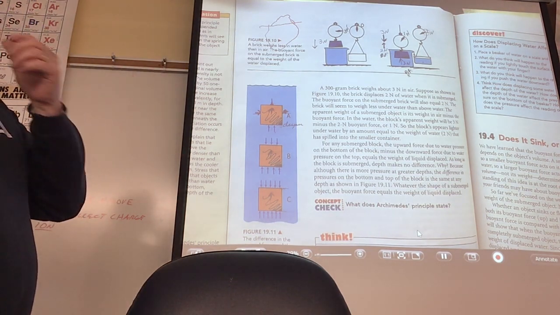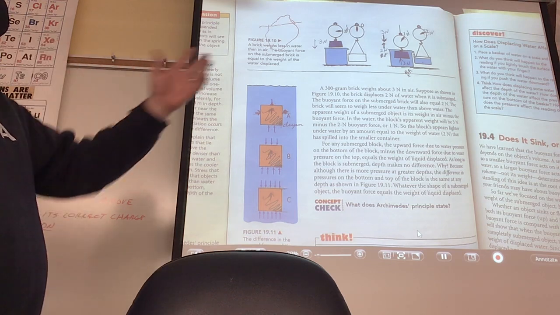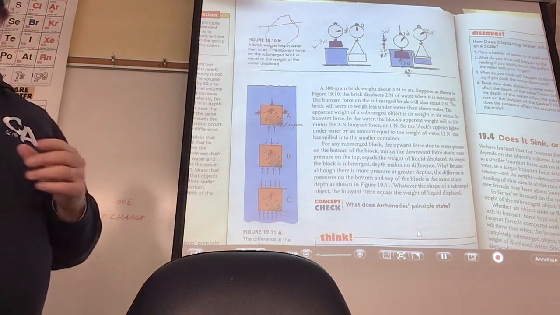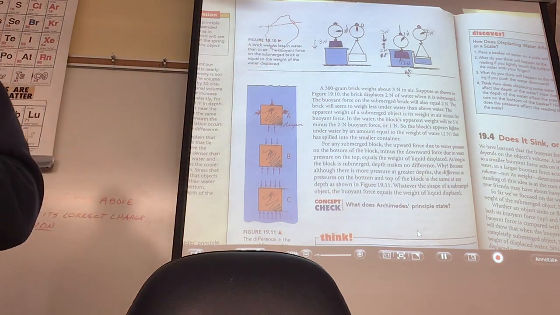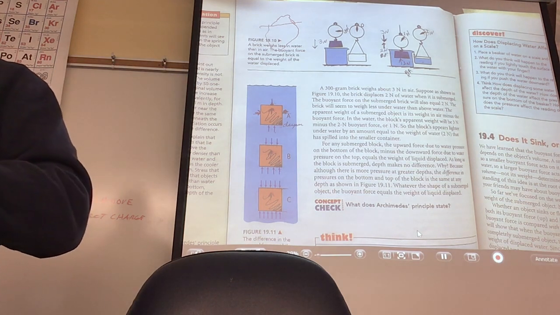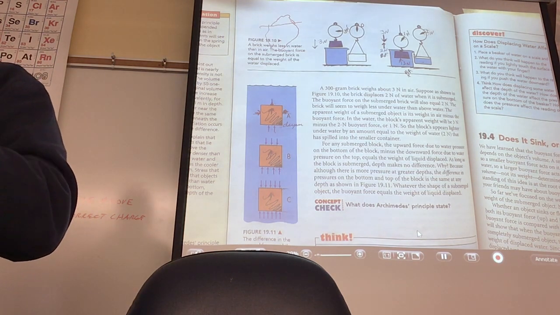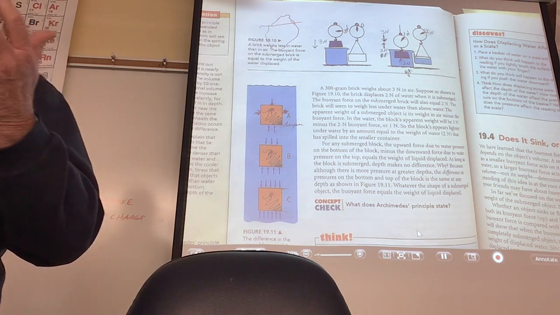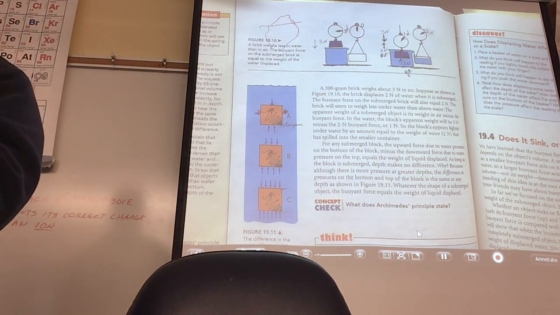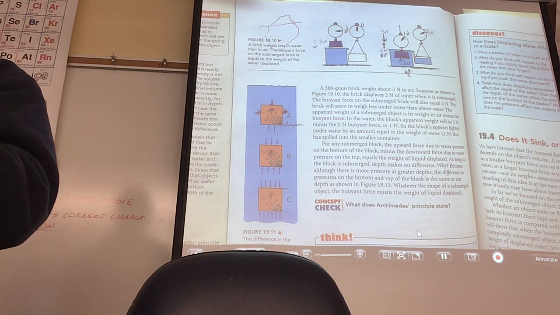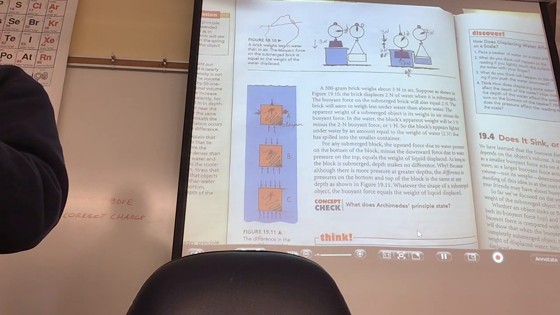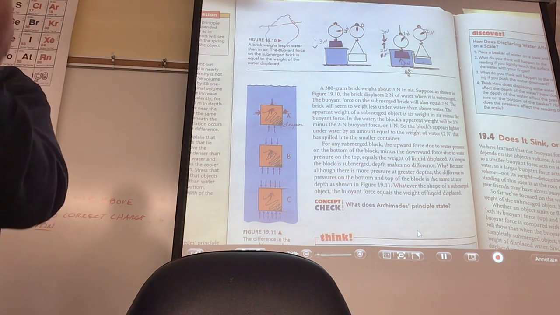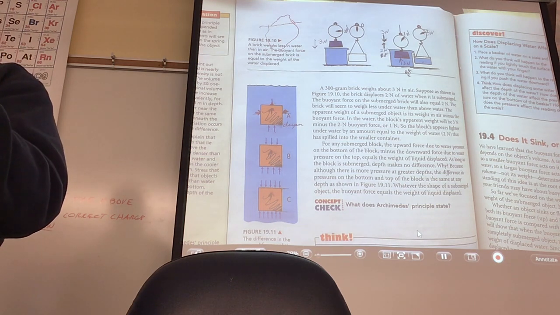Now, when I put it in the water, the spring scale says, no, I guess the object only weighs 1 newton. And you know that something's wrong there, don't you? That's called the apparent weight. It looks as if it only weighs 1 newton. But we know the Earth is still pulling down with 3 newtons. So why does it appear to weigh only 1 newton? And if you were in the water, it would feel like it only weighed 1 newton.